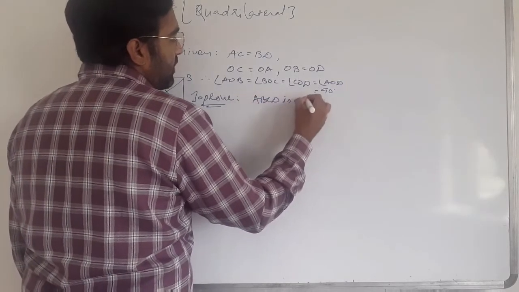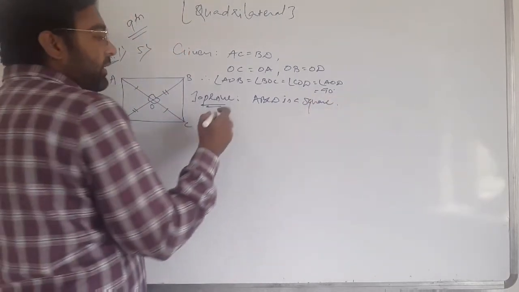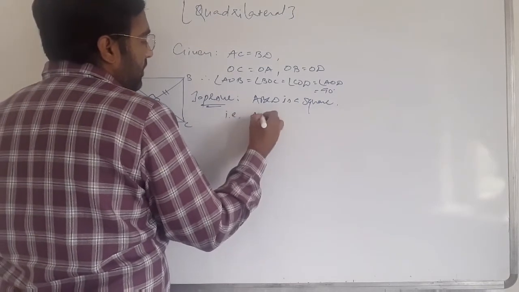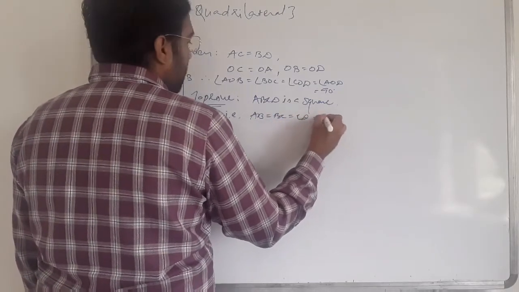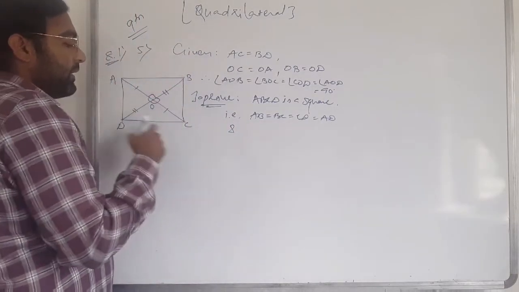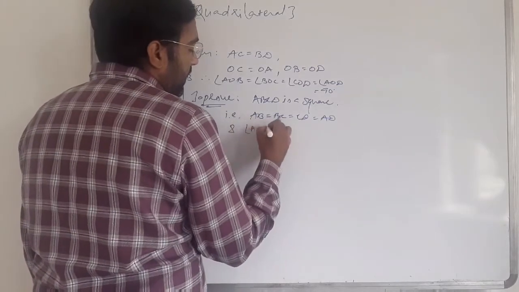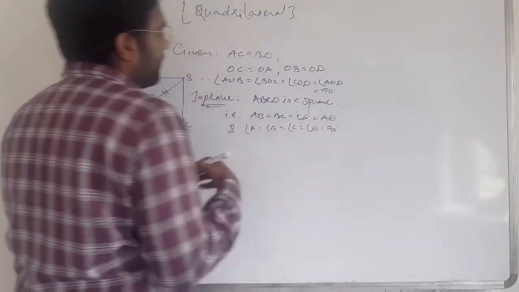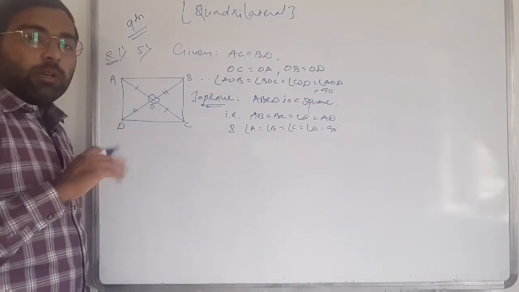To prove ABCD is a square, we need to prove either that all the sides are equal, AB equals BC equals CD equals AD, and all angles A, B, C and D are 90 degrees, right angles. Clear?